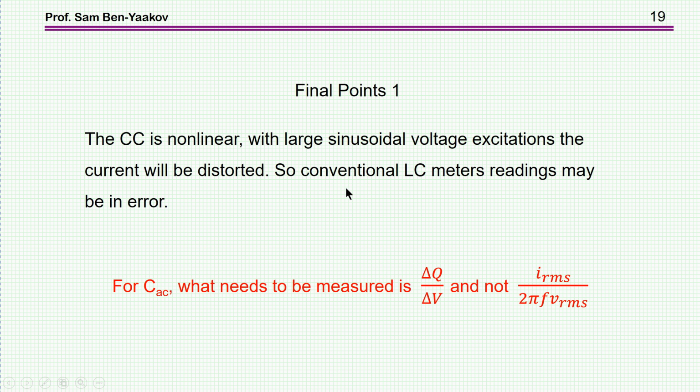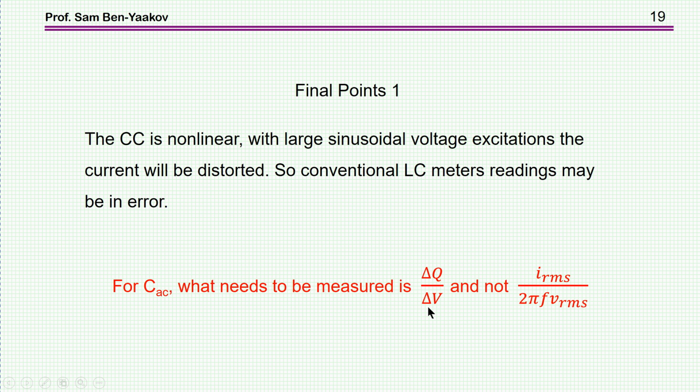So conventional LC meter readings may be in error, because if you measure the capacitance with the large signal as IRMS over VRMS with a constant, then this IRMS is wrong because it is distorted. It has many harmonics to it, and it really doesn't mean that much for a nonlinear element like the capacitor.